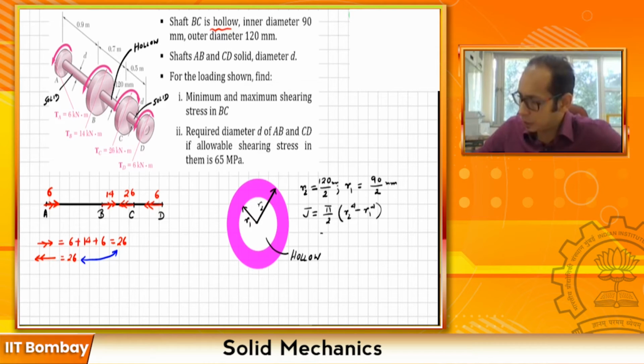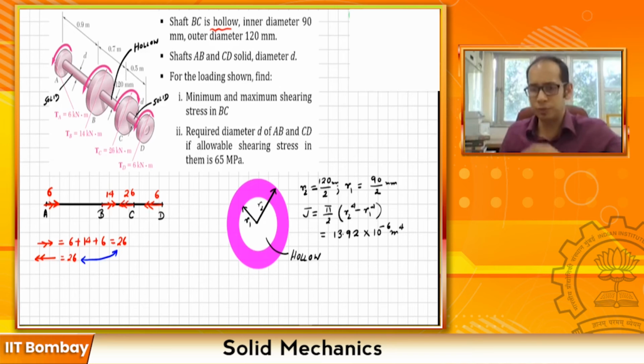Now if you substitute the numbers, I have it calculated here. This comes out as 13.92 times 10 raised to minus 6 meter raised to 4. You can keep it in mm also if you want to substitute everything in mm and newtons eventually.